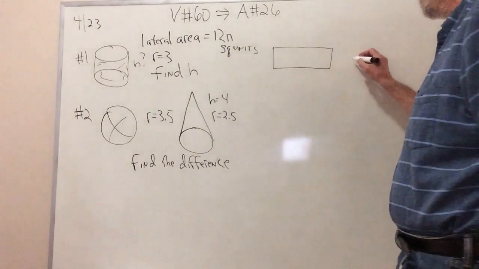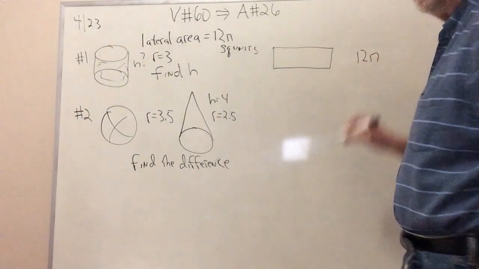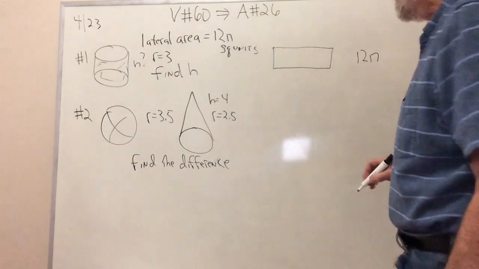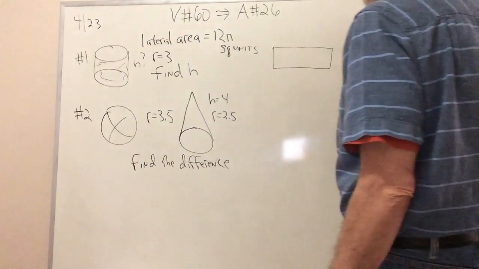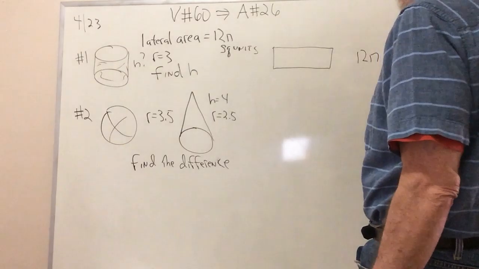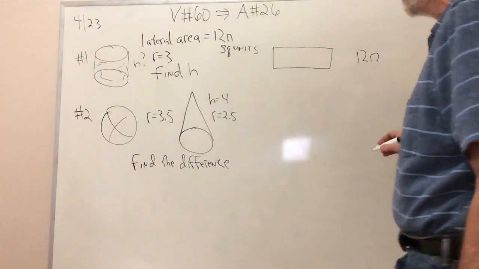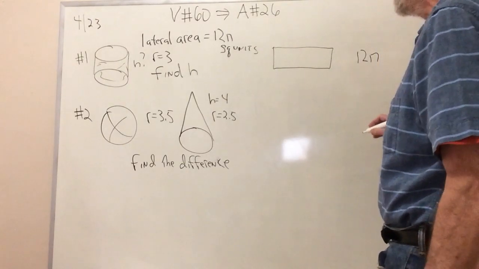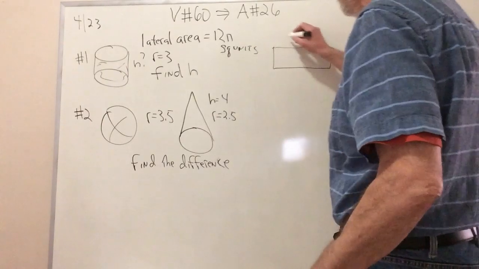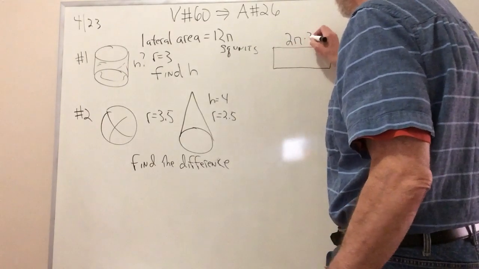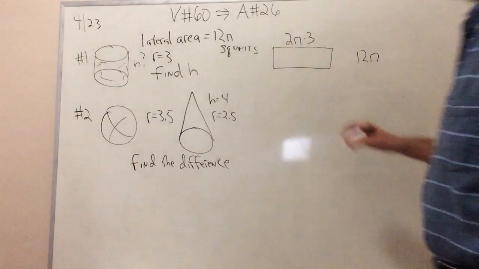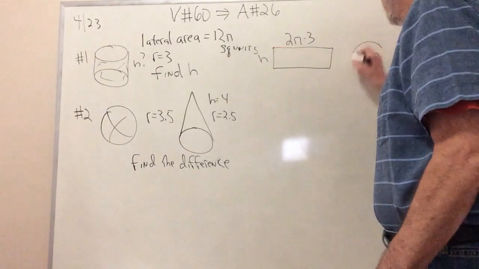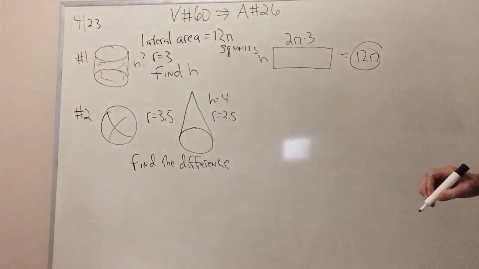So the area of the whole thing is 12 pi. And so let's see what we have here. If the area of the whole thing is 12 pi and the radius is 3, then 2 pi times 3 times h must equal 12 pi.